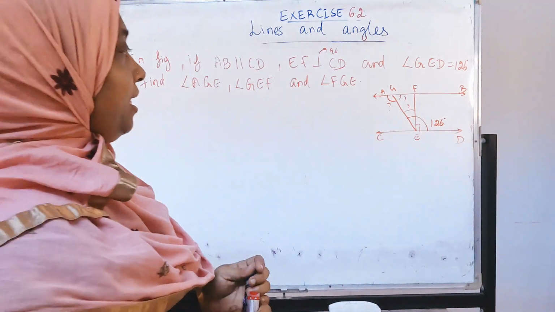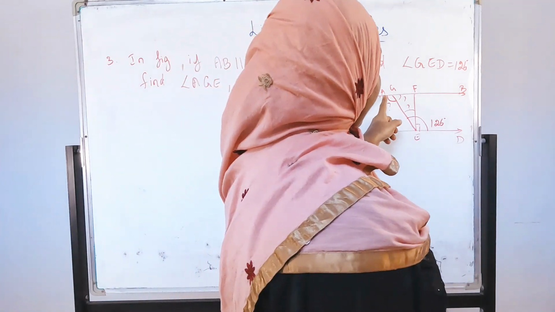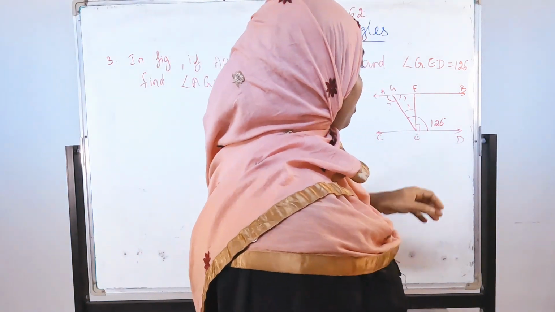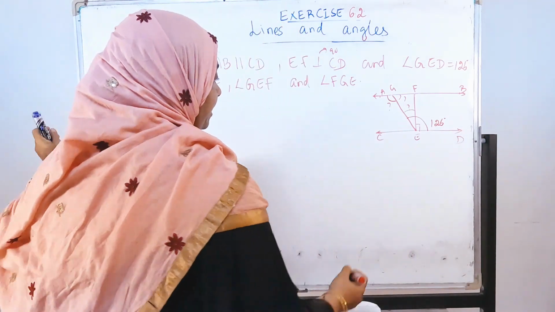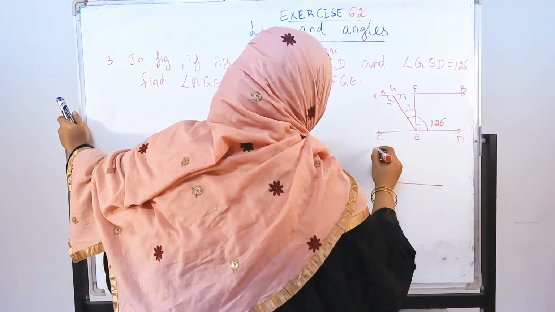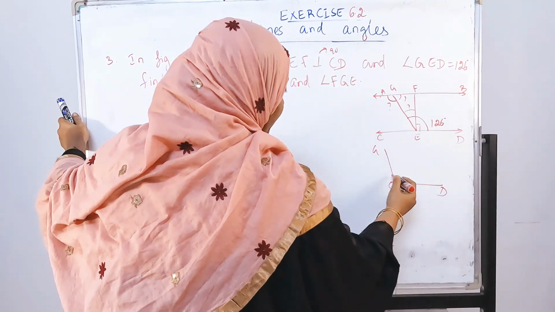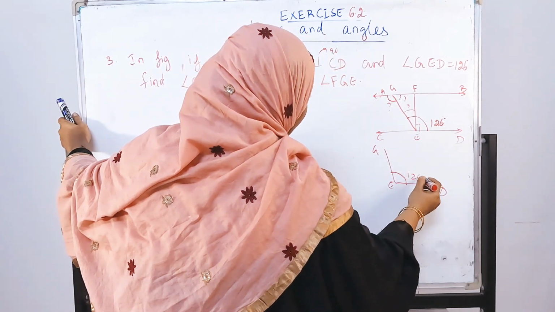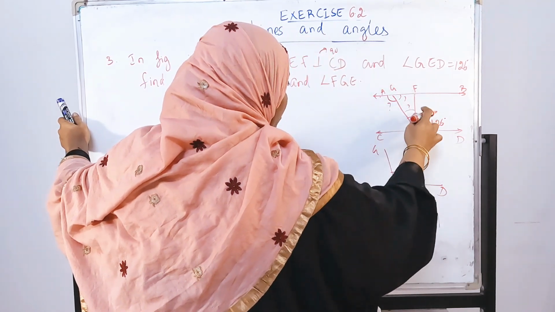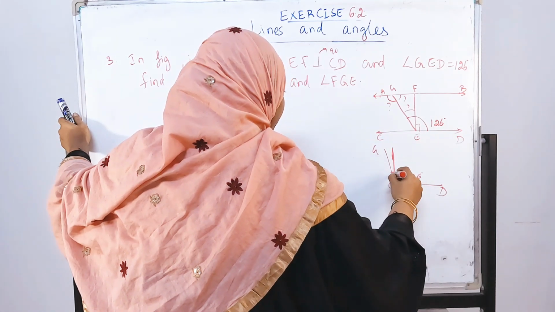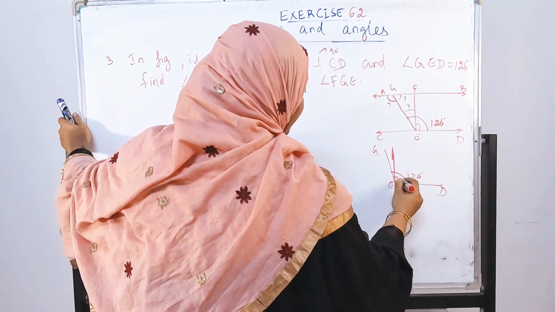Okay, easy. First we will check this GED they gave 126, completely 126 degree, that we will take. In that, this one part FE is this much, 90 degree.